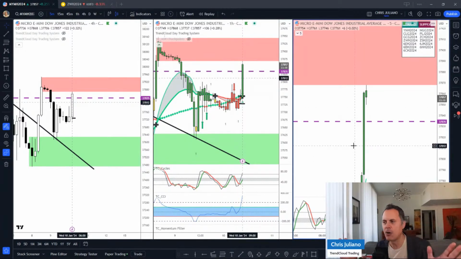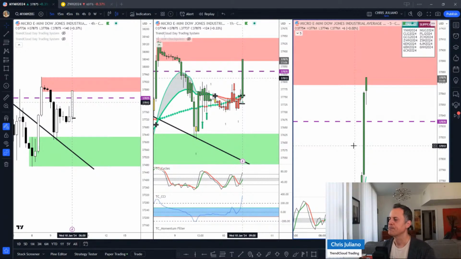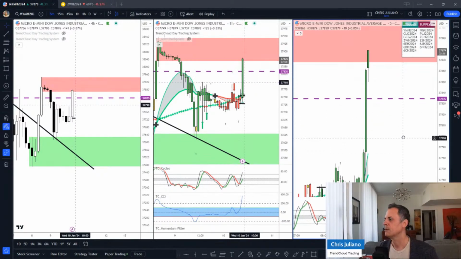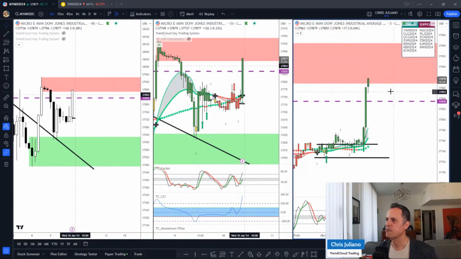So that part is always going to be subjective. You see how we ran through a couple of ideas? You can only trade what you see. People are looking at this very differently.